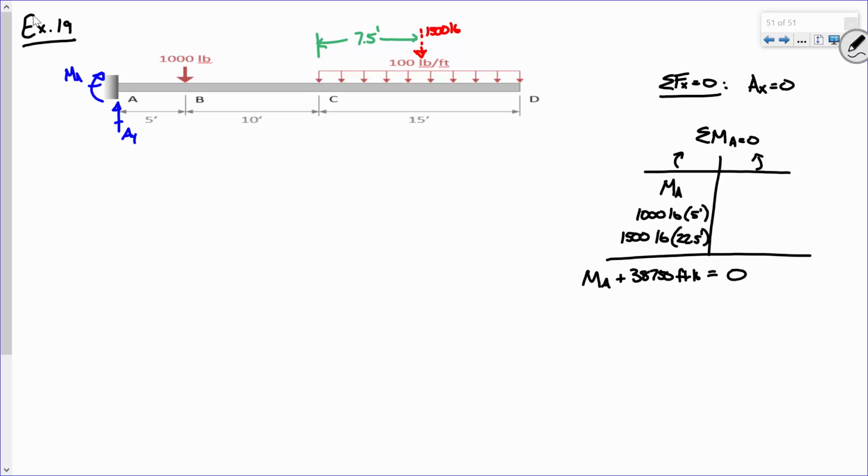So what's the solution to that equation? Negative 38,750. So MA is negative. Now, again, when you get a negative support reaction, it does not mean you need to develop significant emotional problems. It just means that we guessed wrong. We guessed clockwise. Wrong. It's counterclockwise. So this is 38,750.